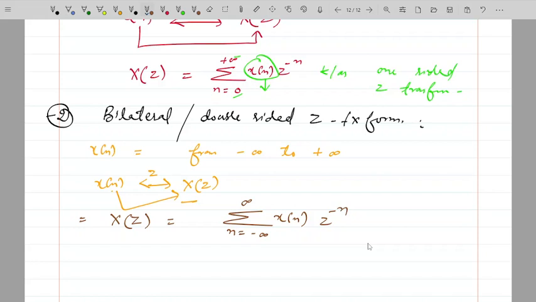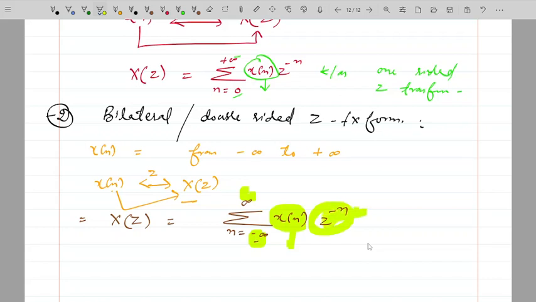The only difference is the limits. Here x of n represents the values, and n has all the negative and positive values from minus infinity to infinity, and z is a complex variable.